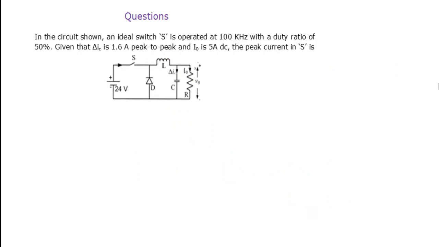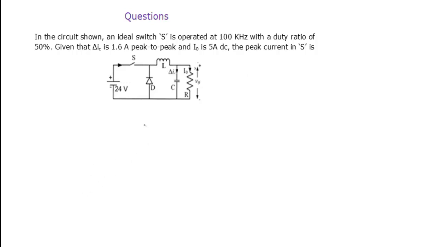In the circuit shown, the ideal switch S is operated at 100 kHz with a duty ratio of 50%. Given that delta IC is 1.6 ampere peak to peak and I naught is 5 ampere DC, the peak current in S is, okay, so again we need to look at it because in the given question nothing is mentioned about what circuit it is.